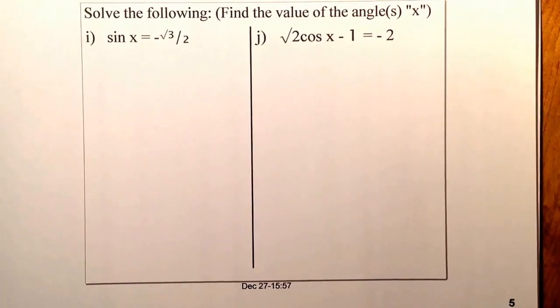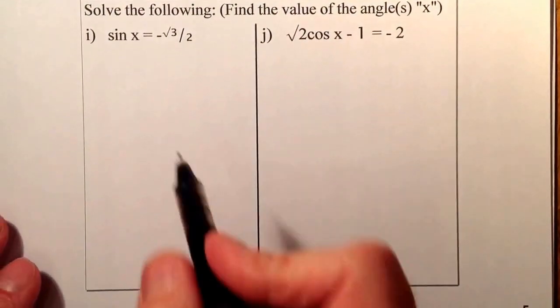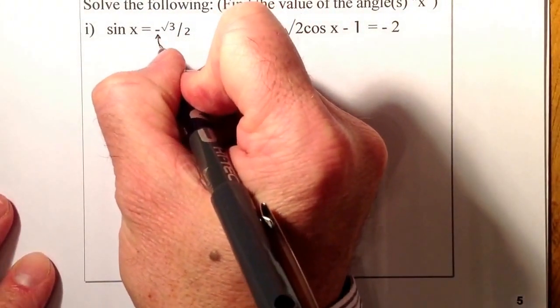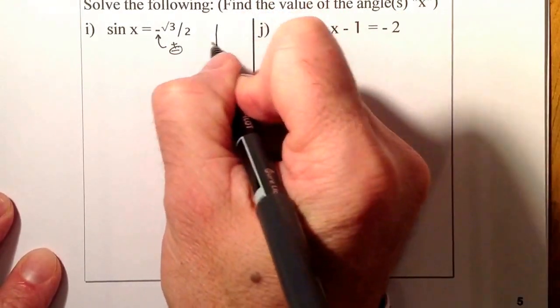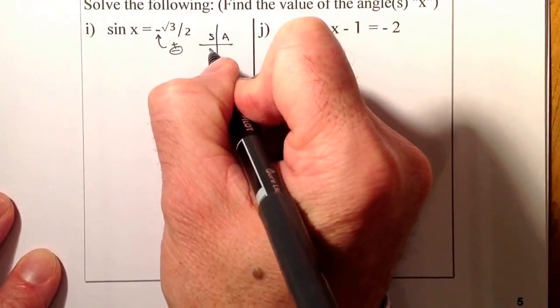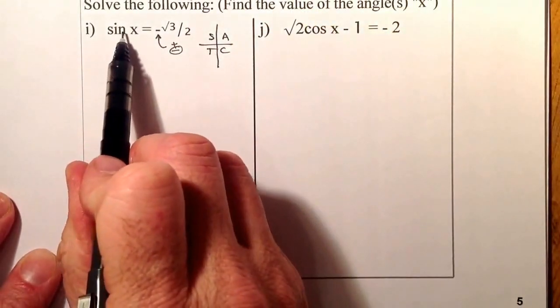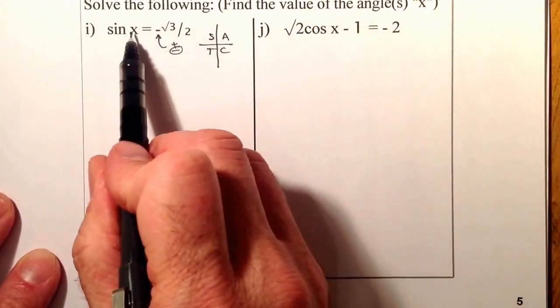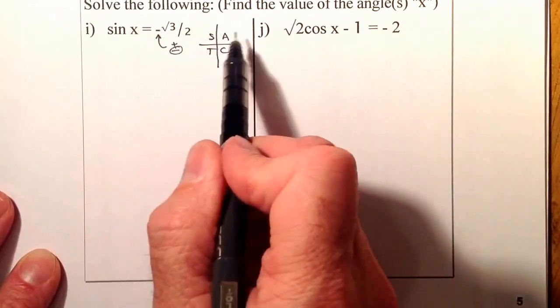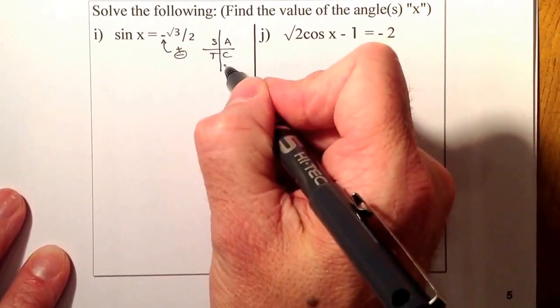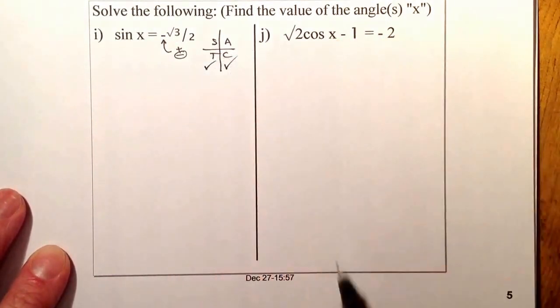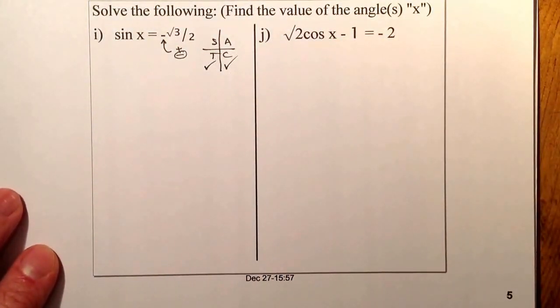And what we're going to do first of all is look at whether that is positive or negative. So obviously it's going to be negative. I'm going to be looking at the CAST table, and because it's sine, I'm going to be looking at where sine is not positive. So it would be positive here and positive there. So because it's negative, I'd be looking in these 2 quadrants here for my solution.